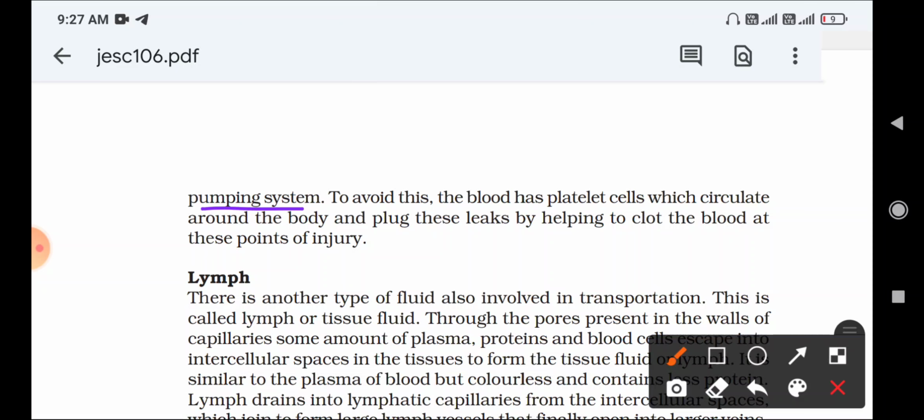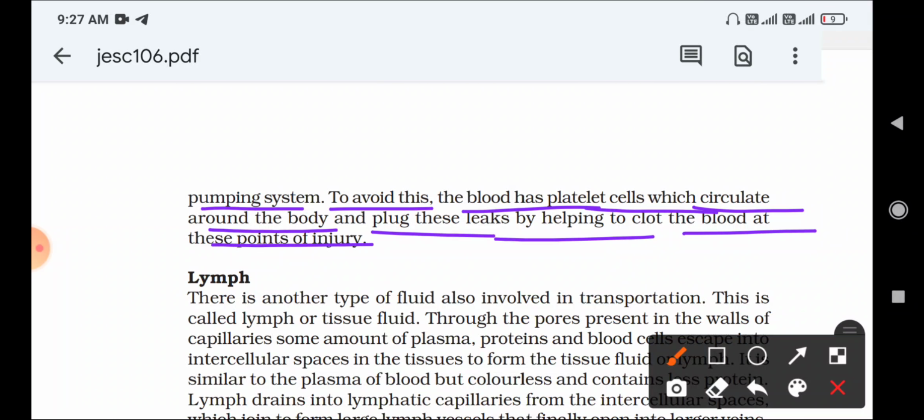To avoid this, the blood has platelet cells which circulate around the body and plug these leaks by helping to clot the blood at the point of injury.